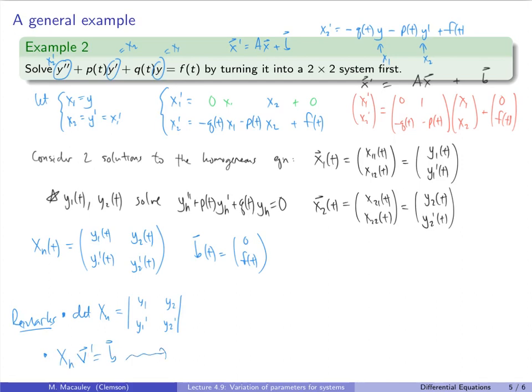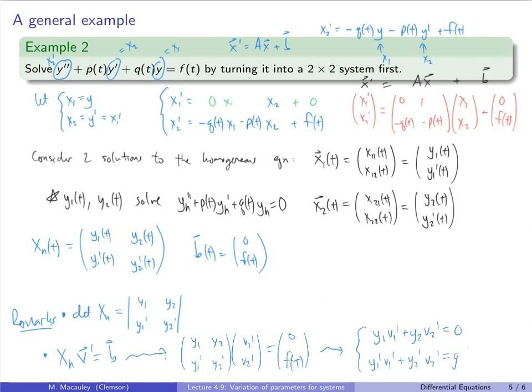And if we write this in matrix form, this should look familiar. y1, y2, y1 prime, y2 prime, times v1 prime, v2 prime equals 0 and f of t. Now let's write this in bracket notation. This is just y1 v1 prime plus y2 v2 prime equals 0, and y1 prime v1 prime plus y2 prime v2 prime equals g of t.